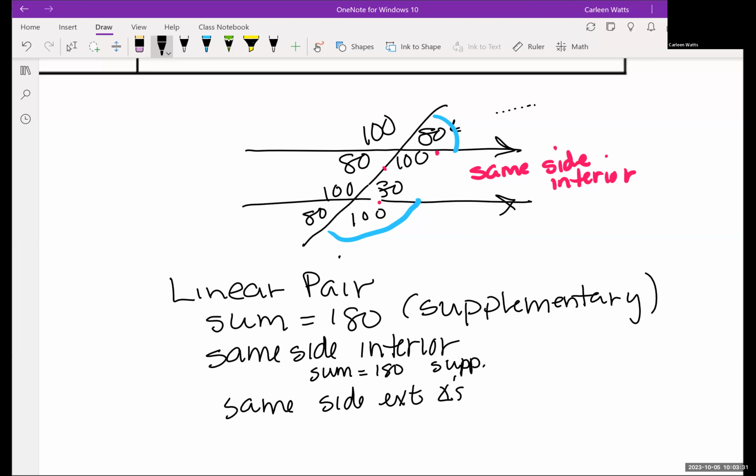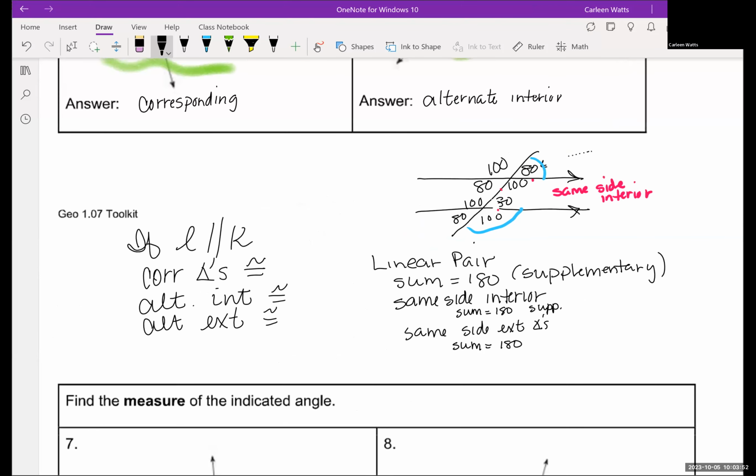They are different. They are not congruent. If lines are parallel, corresponding angles are congruent, their sum is 180. Okay, so we are going to have a group of angles who are congruent to each other and a group of angles whose sum is 180.